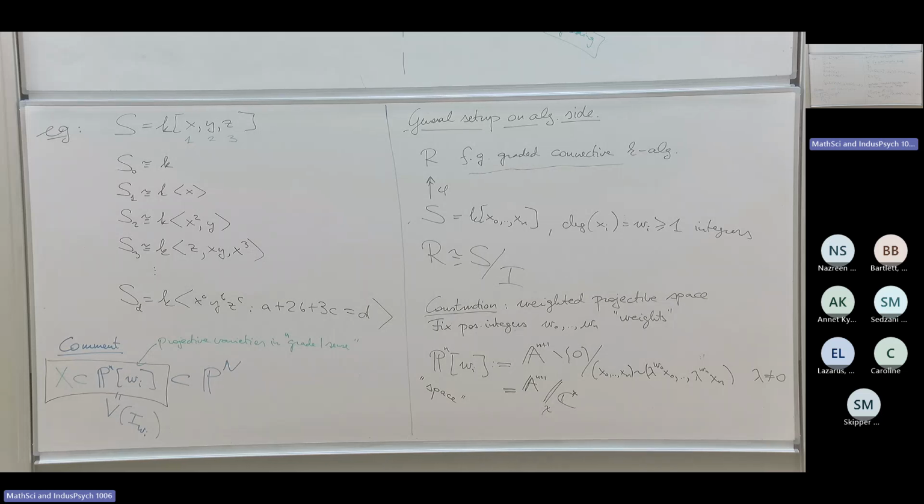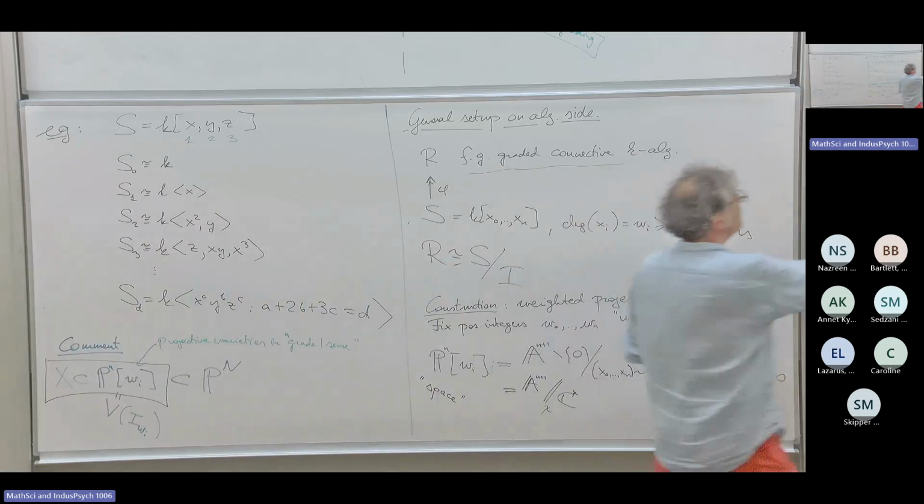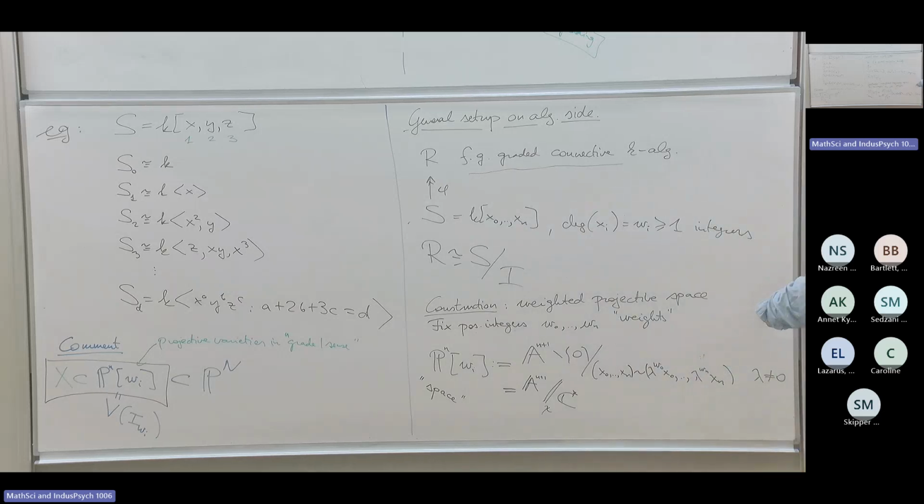But let me just make some general remarks here about why we're interested in all this. Maybe some motivation for everything I say. So this graded ring method, constructing varieties in weighted projective space, is a nice explicit way to find new examples.